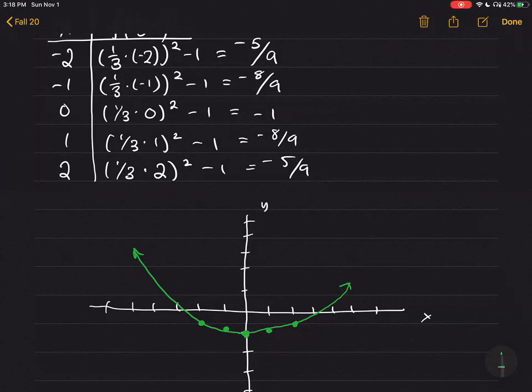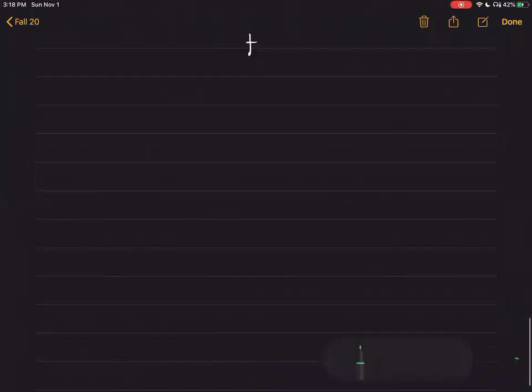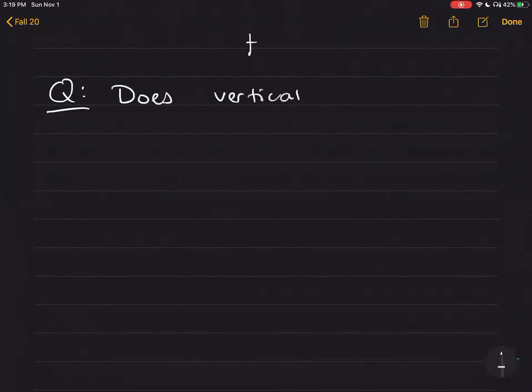All right. Here's the question, though. There is a natural question that arises from looking at this. So question, does a vertical squeeze equal a horizontal stretch?